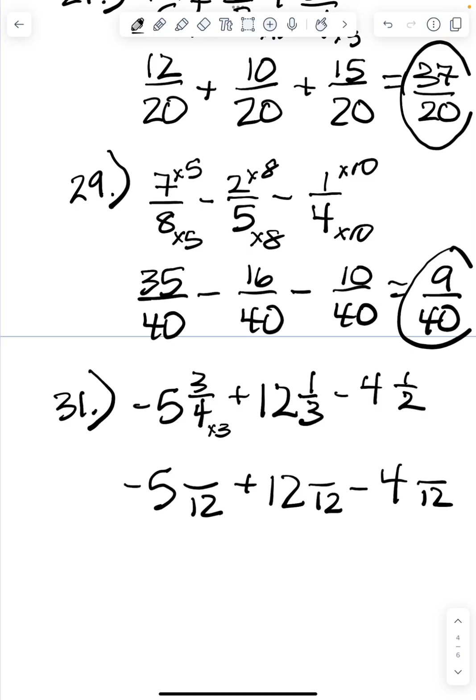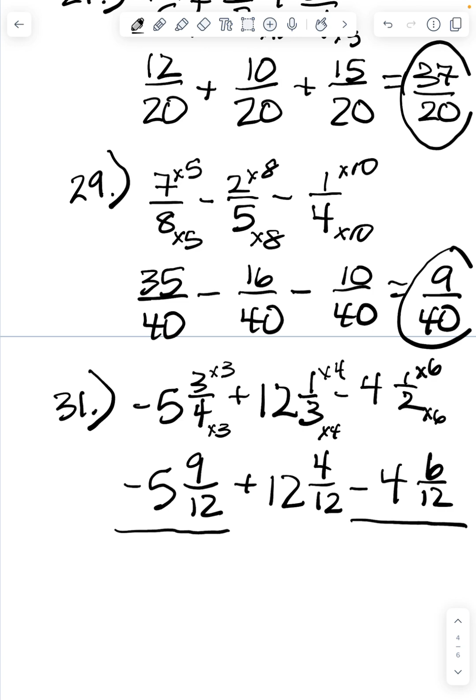So this one was multiplied by 3, gets me 9 here, by 4, gets me 4, and by 6, gets me 6. Okay, so what I'm going to do is add the terms that have the same sign and keep the sign. So I'm going to add these first, and then I'm going to keep it negative, because remember this is really plus and negative 4, so that means I have the same signs, so I'll find the sum.